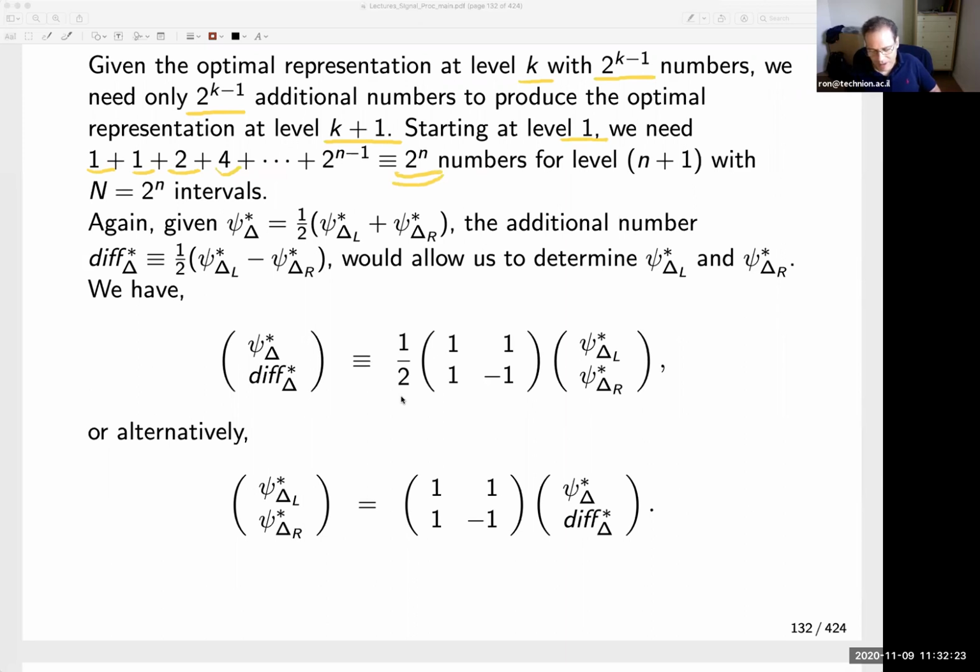So we end up, again, producing exactly the same number of coefficients, where, again, we know that the whole is equal to the average sum of its parts. And we also denote the difference between the two parts as that.